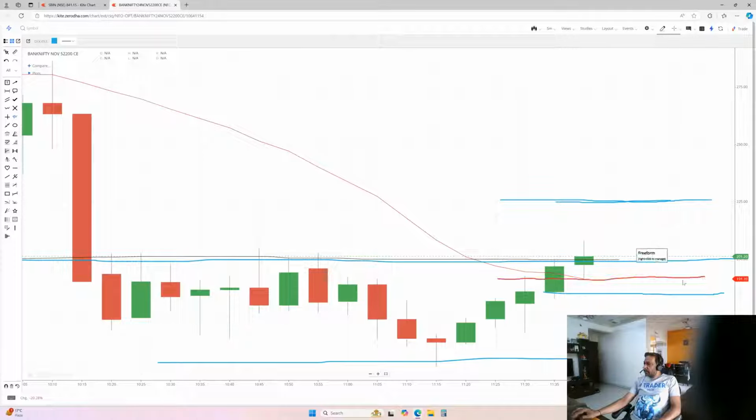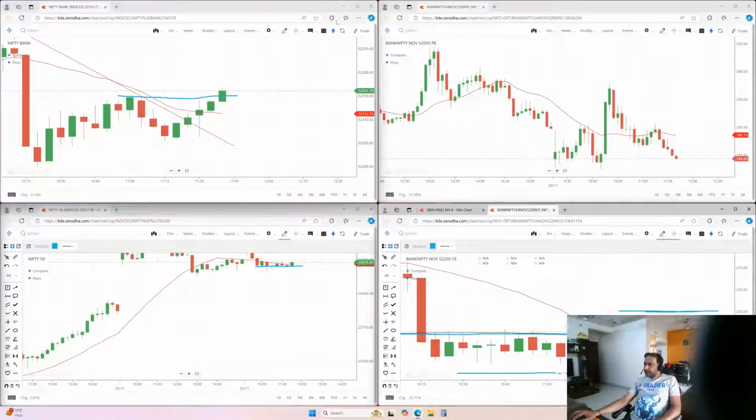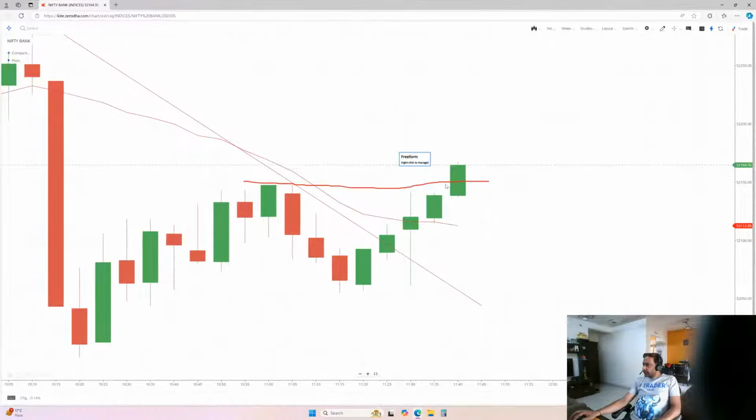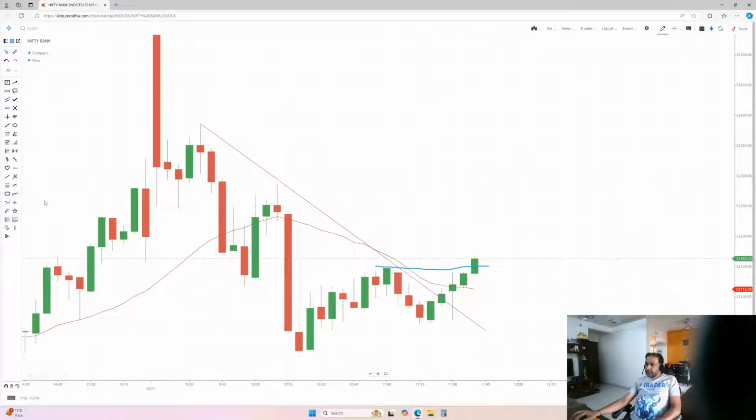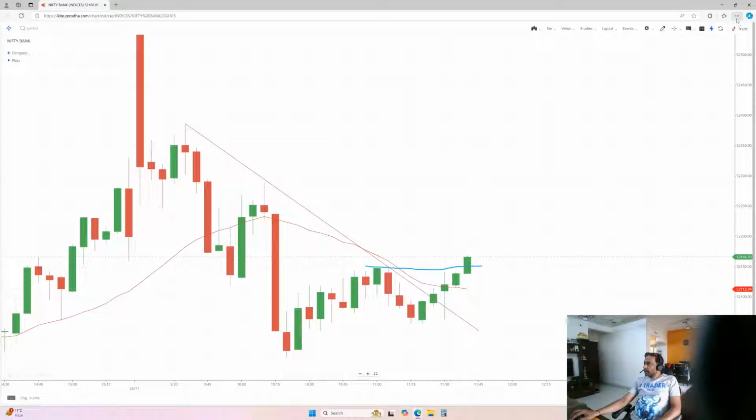We are trading against the trend, because if we can see, Bank Nifty has crossed the 150 level, but we are against the overall trend of this day. This day's trend is negative and we are trading against the trend.